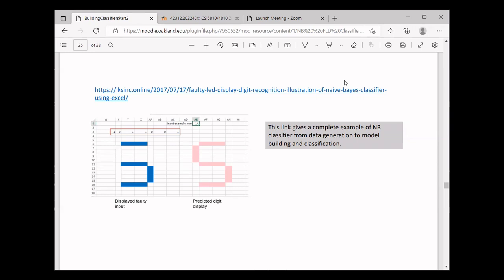If you look at this slide, in blue is what you are seeing on your display. Now you want to predict, getting rid of the noise, what is the actual or correct digit that should have been displayed.